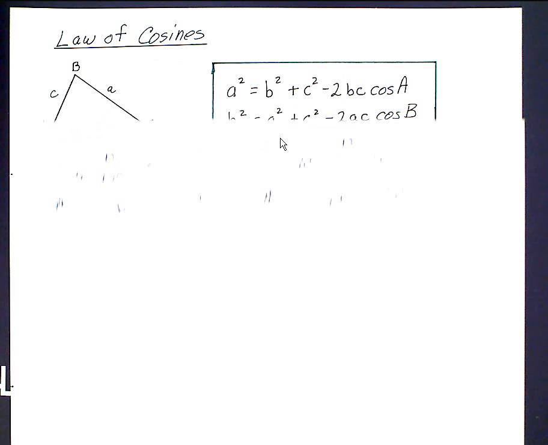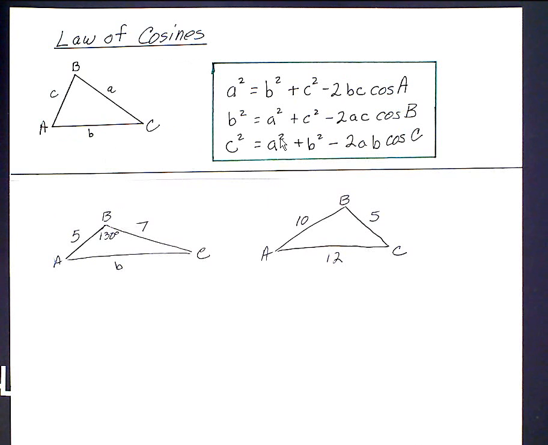The law of cosines, I've written down here. It's ugly. You want to use it as a last resort because it's not a nice one to try to figure out. I will write it on the test when you have to do it, so you don't have to worry about memorizing it, but you have to understand what it does. You have to go to the side across from the angle, or the angle across from the side, you're trying to find.